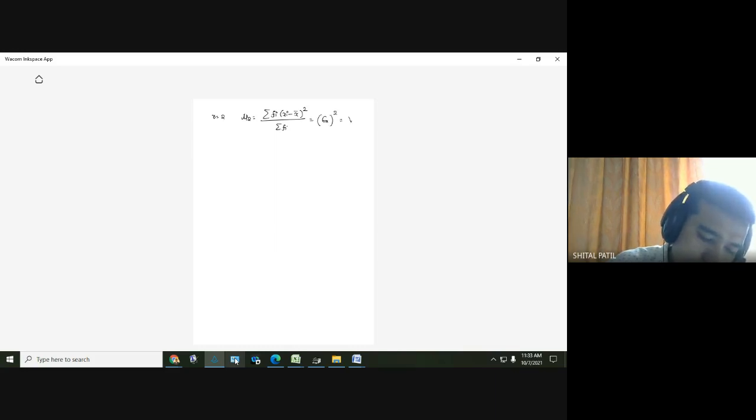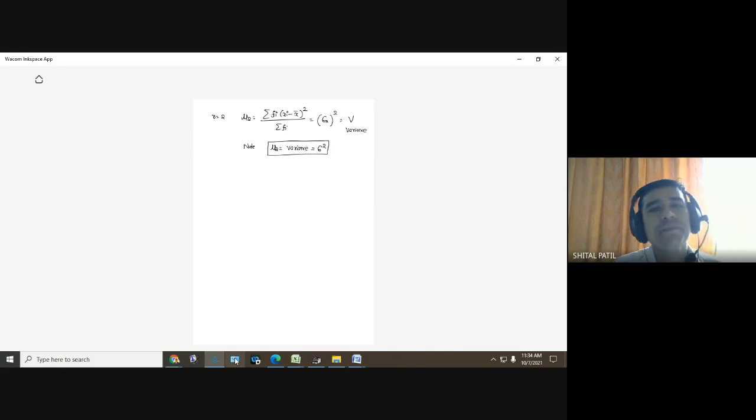So this is the variance. So mu 2 equals variance, and variance is sigma square. We have to remember this. This may be asked in the MCQ exam.